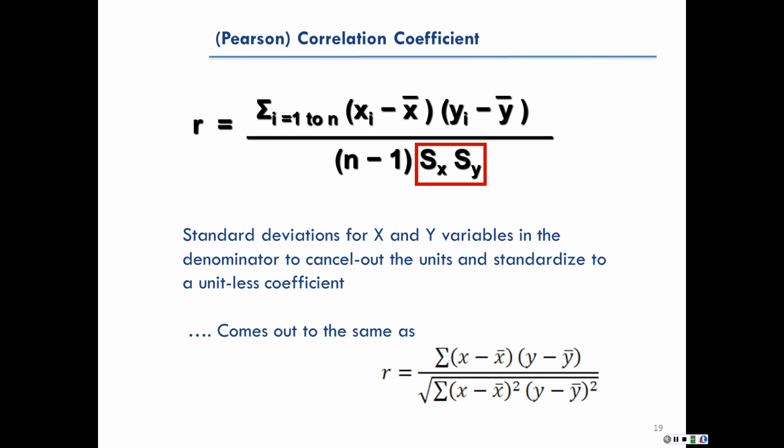We multiply those together for each observation, and then we sum them, and that goes into the numerator of this equation. In the denominator, we have n-1, which is the sample size minus 1, and then we have the two standard deviations, the standard deviation of x and the standard deviation of y, and we multiply those together, and that gives us our formula for the correlation coefficient.